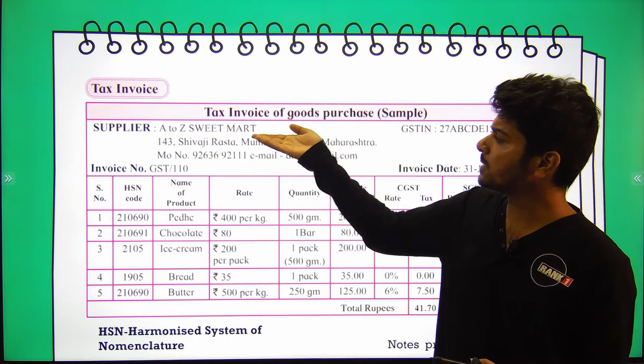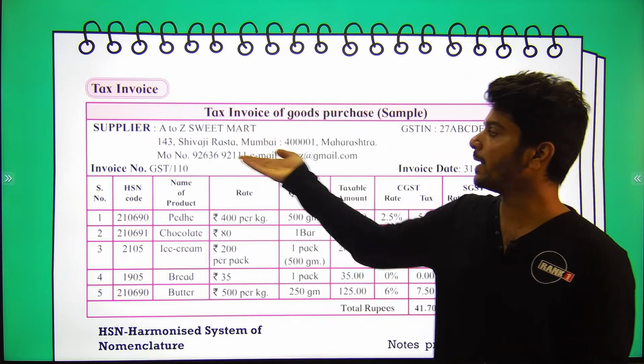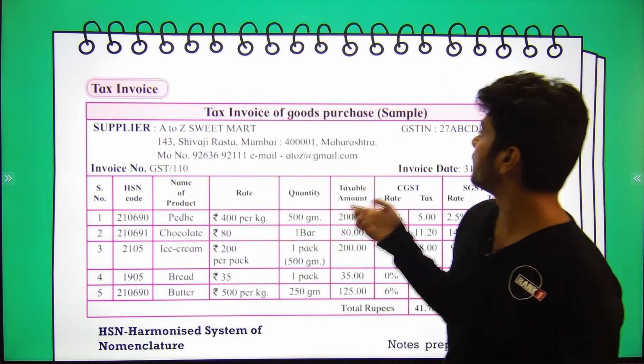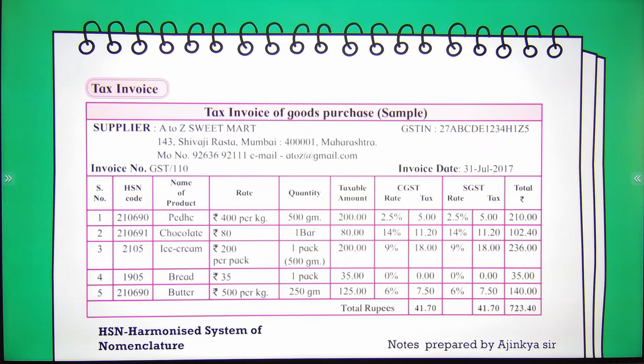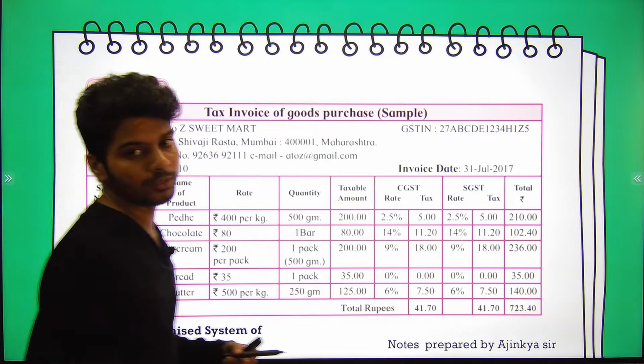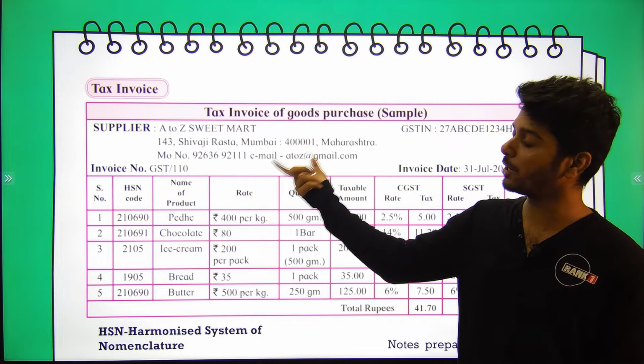It has the supplier name, where the shop is located and its address, invoice number, then GST number, then invoice date. This is the simple format of the bill.